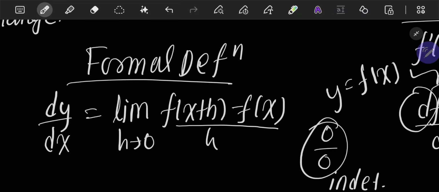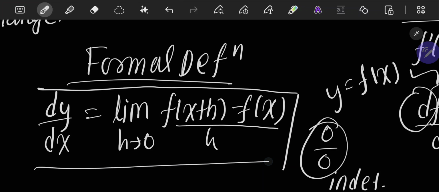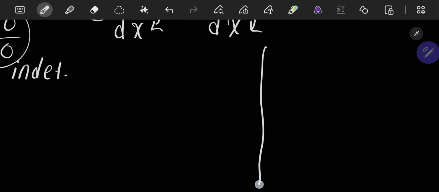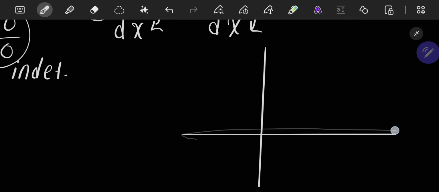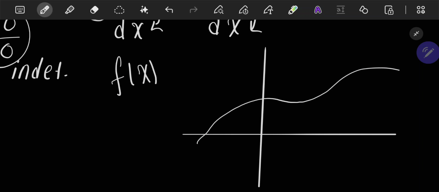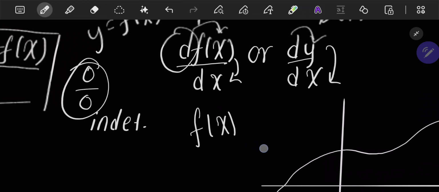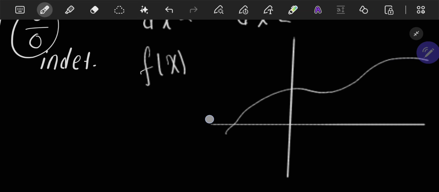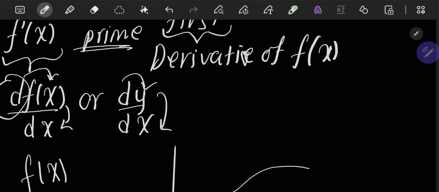So in order to find the derivative, now I'll also tell you what this formal definition actually means. Let's say that we have a graph of a certain function, f of x. And the graph looks something like this, for instance. Now, what this definition means is how we're measuring change, right?